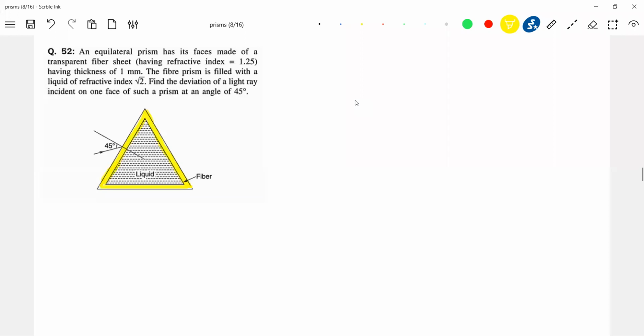The net deviation produced by the fiber sheet is 0. All the deviation is only due to the liquid. I will write down this one. The deviation due to prism plus the deviation due to the fiber sheet will be 0 net deviation. So all the deviation is produced only due to the prism.